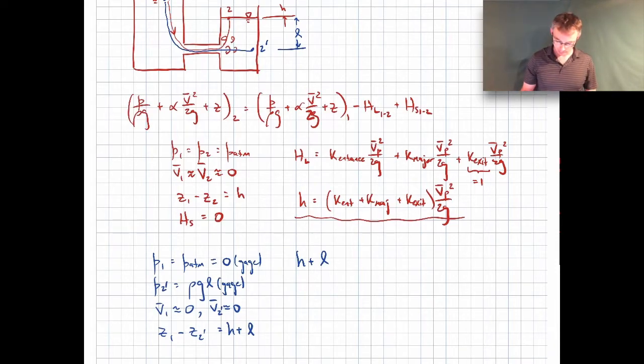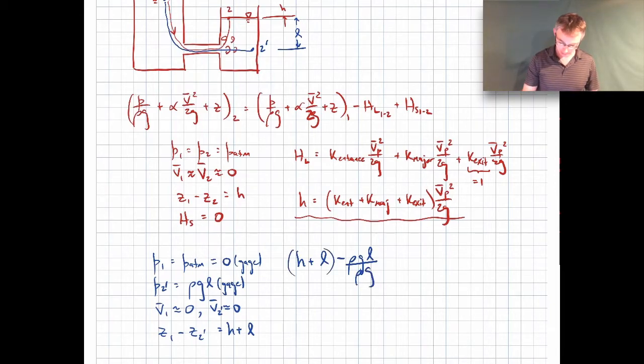So I'm going to bring Z2 to the right-hand side. So I'll have Z1 minus Z2, and that's this term. And I'll bring the P2 prime over to the right-hand side as well. So that'll give me the minus rho gL all over rho g.